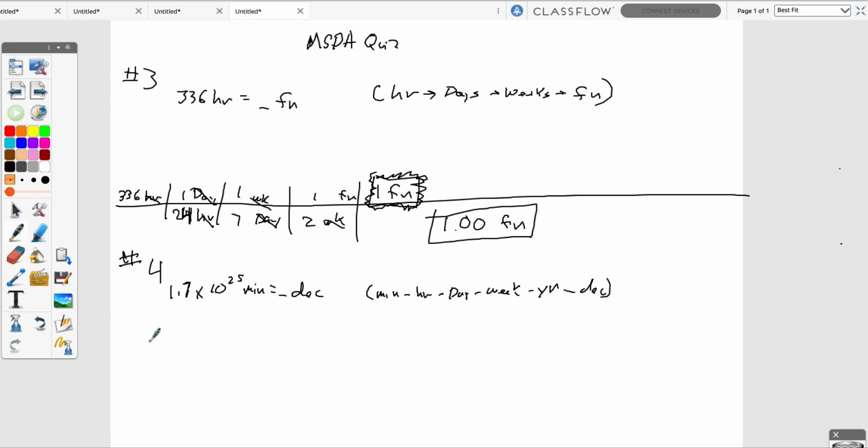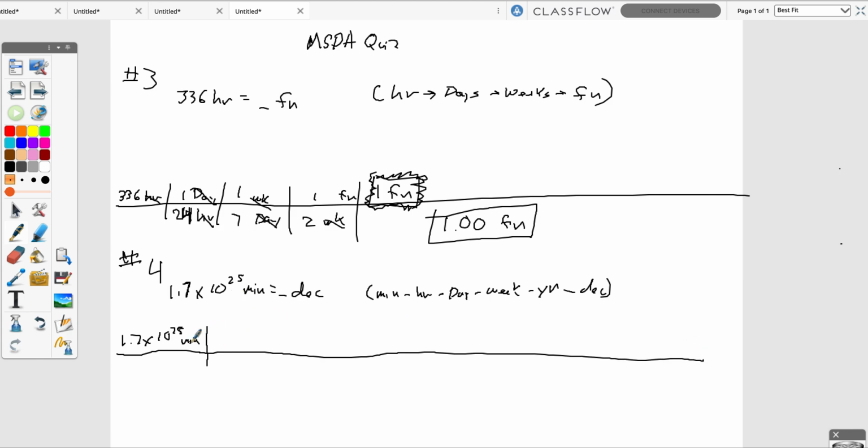So 1.7 times 10 to the 25 minutes. Now, with this amount of conversions, it would take me longer to convert each step to scientific notation, so we're going to do it at the end, and you'll see why. It's going to make it a little easier.